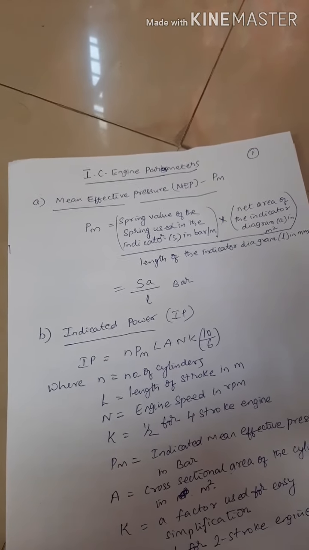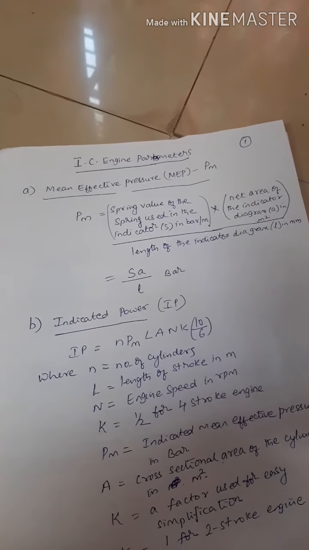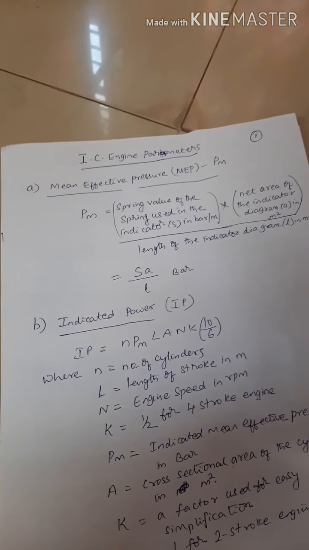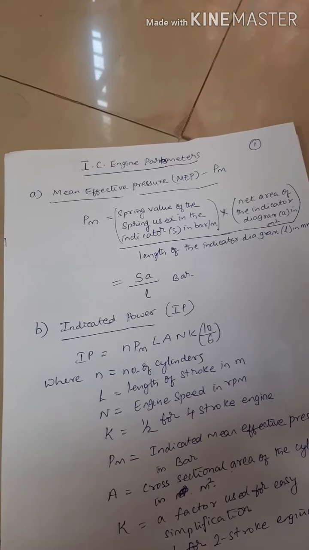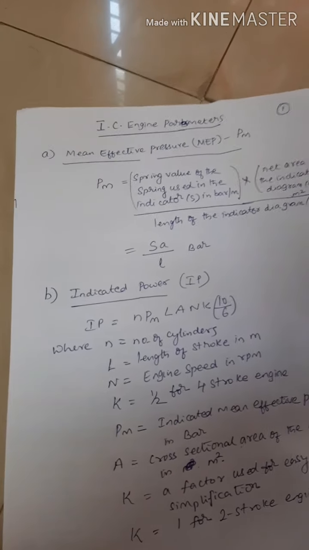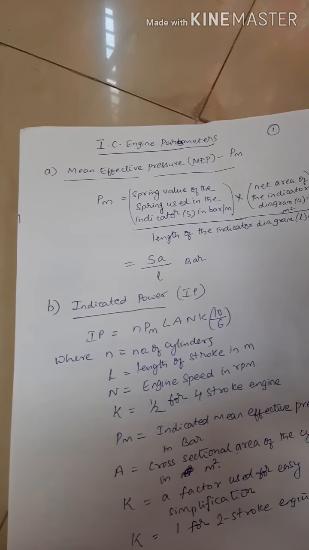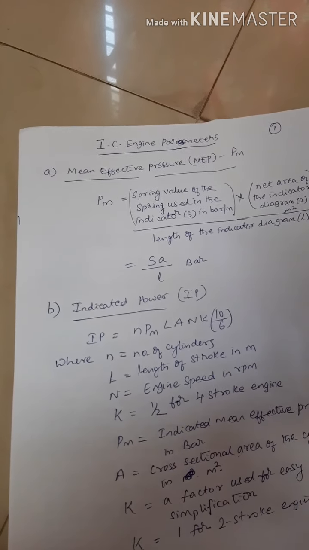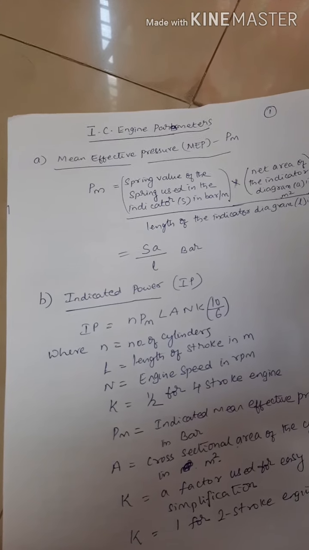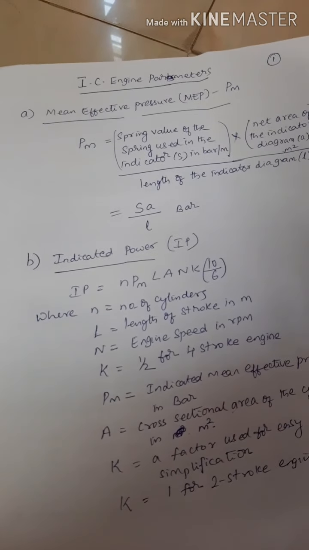It is also defined as the average pressure developed inside the engine cylinder. It is expressed in bar. 1 bar is equal to 10 to the power of 5 Newton per meter square, which you already know. The mean effective pressure of an engine is obtained from an indicator diagram. That is beyond the purview of the syllabus and your level.